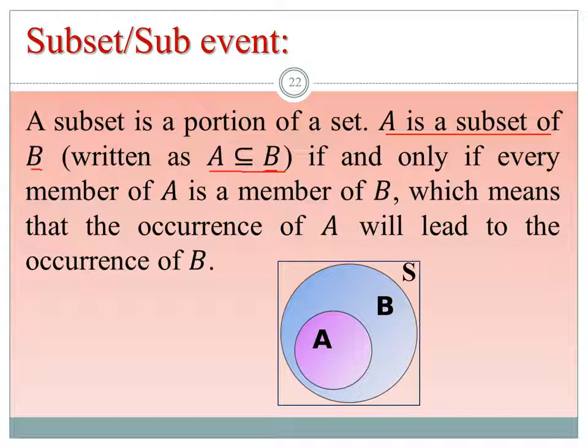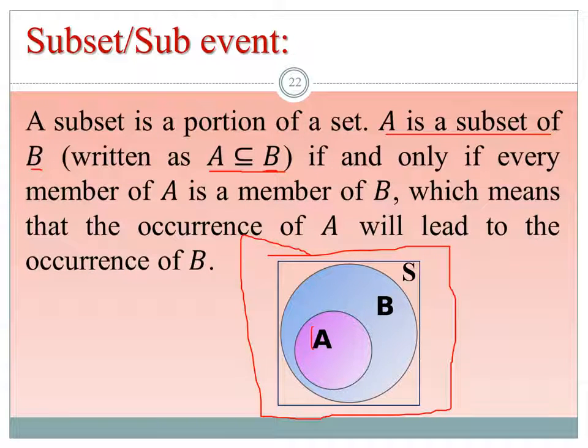This is the Venn diagram explanation. This is event A, this is event B. So A is a subset of B. If you consider any element that belongs to A, then that element also belongs to B. So that is subset or sub-event.